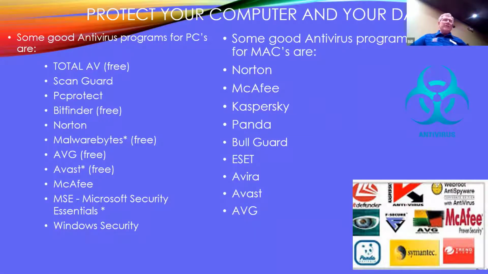On the Macs, if you have a Mac, you have this list you can choose from. And I actually went online and I found out which ones are the most popular, and the most successful, I should say. And these are they. So you should have, if you have nothing else on your PC, Microsoft will put Windows Security on it for you.